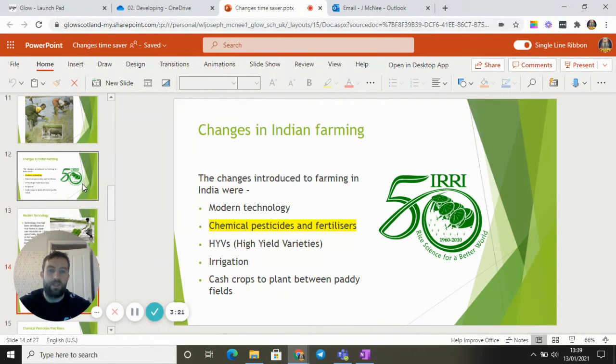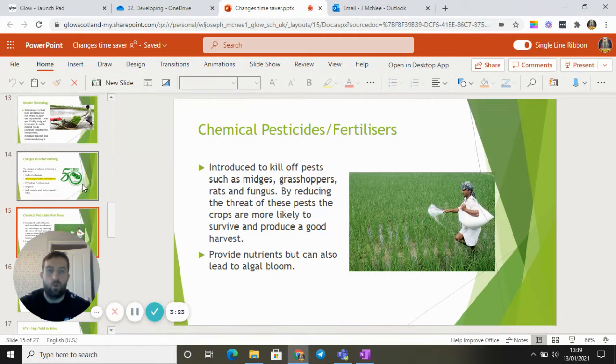Then we've got chemical pesticides and fertilisers. These were introduced to kill off pests who would maybe eat some of the rice and stop it being usable. And it would also provide nutrients to help the crops grow, because the more the soil gets used, the more the nutrients are extracted from it to go into the plants, the less the soil has.